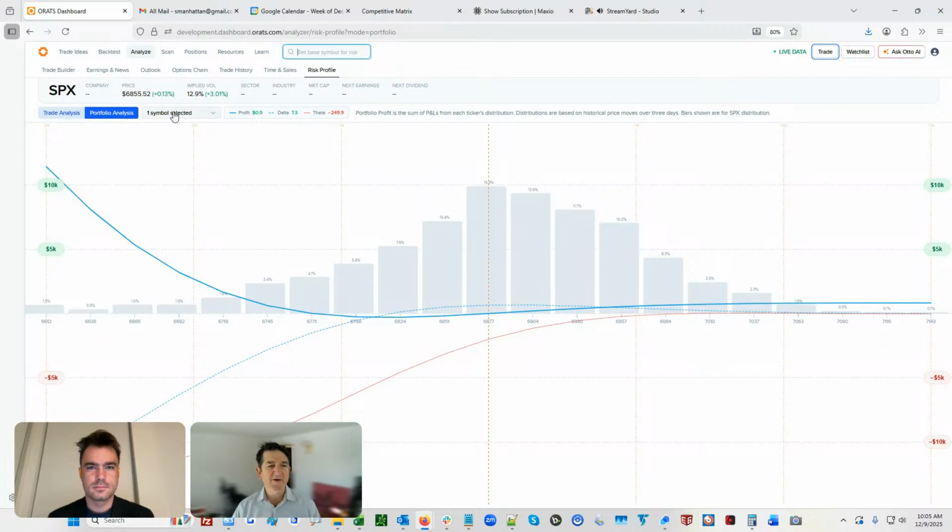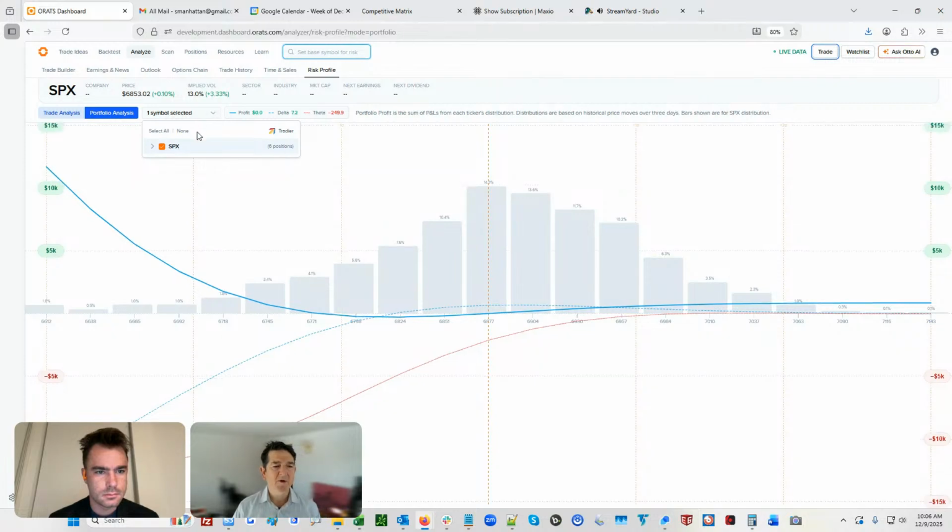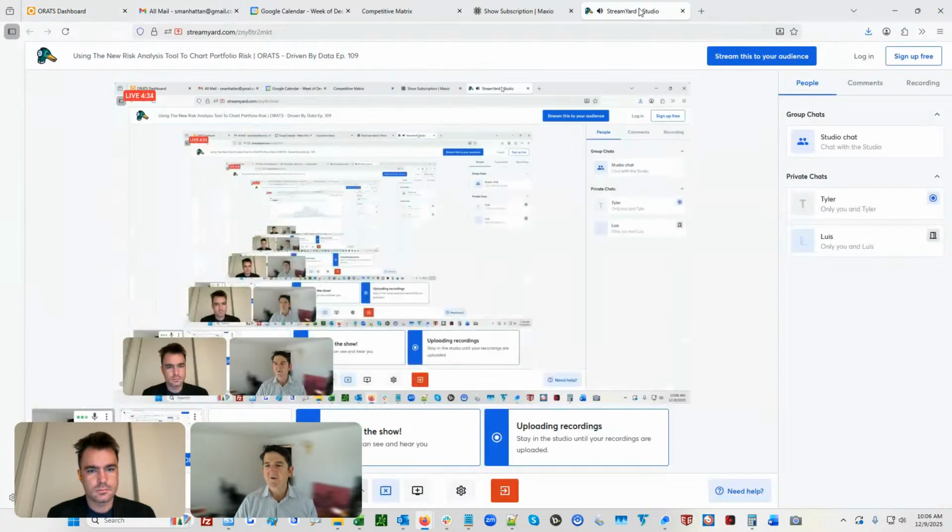Portfolio analysis is going to look at all of your symbols and mark those symbols. In this one, like I said, we only have SPX, so that's the only one there. Then what we do is we combine these, and there we see the delta of 7.2 and 249. So far so good there, Tyler.